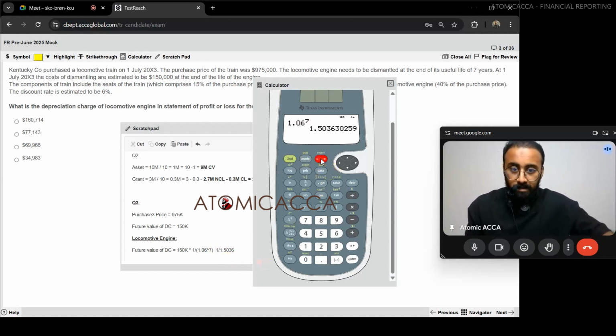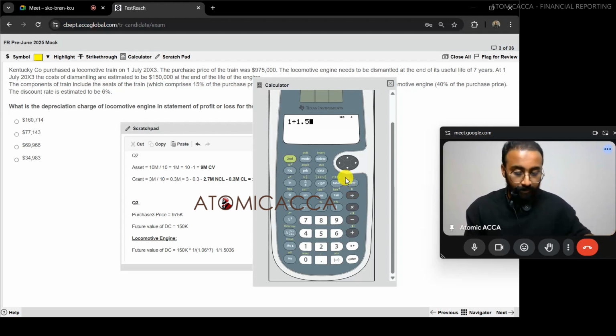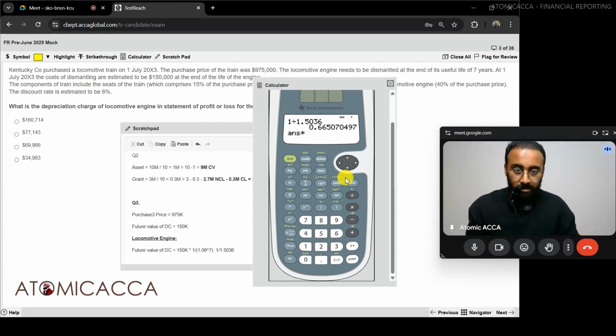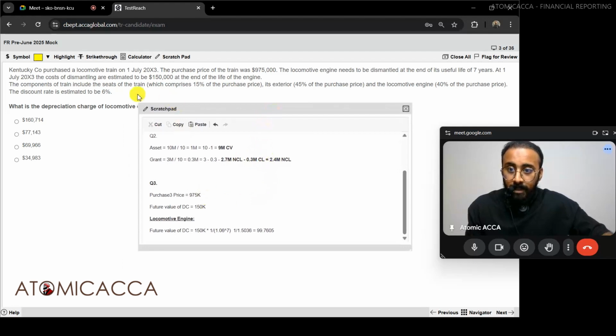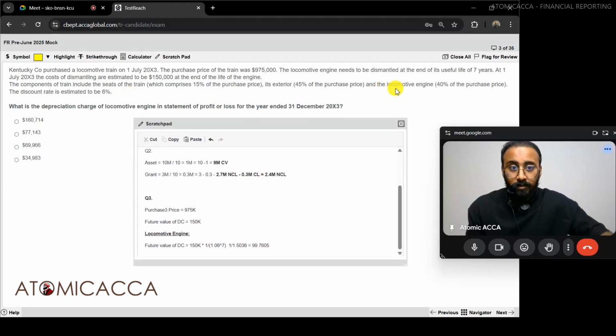So 1 divided by 1.5036, that is 0.66507. So I got the discount factor. Now I have to multiply it with 150,000, so that is 99.7605. So we'll just keep it there. So now we got the present value part, that is fine. What else is there? The part of the purchase price.